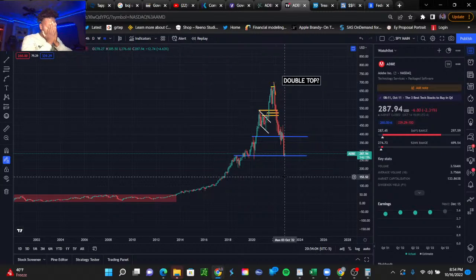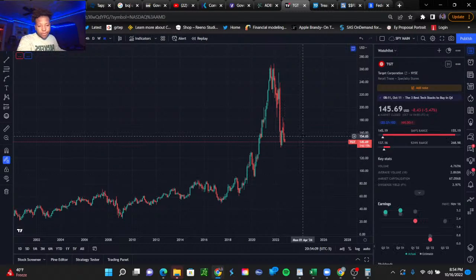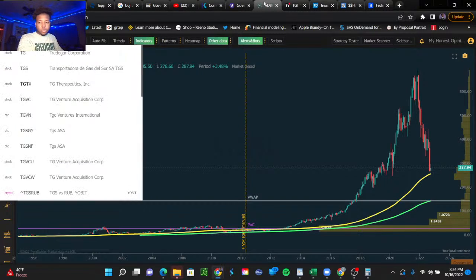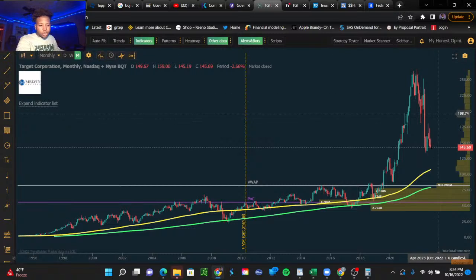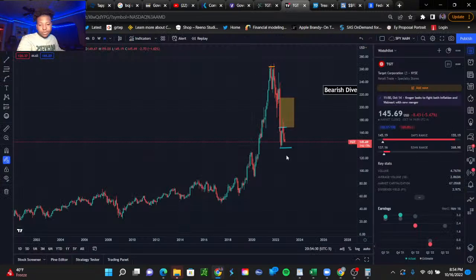Any other? Once we do retail, Target falling off a cliff, which is hysterical to me. I won't be surprised if you get it back to this 110 area. And if you really wanted it, the 84 area. It's a lot of sideways.